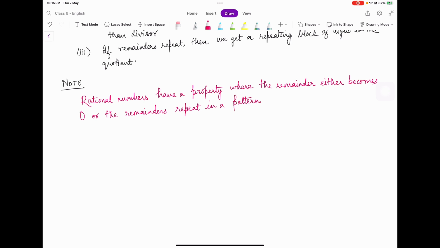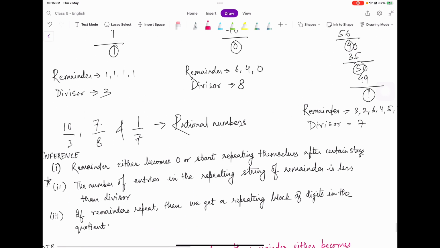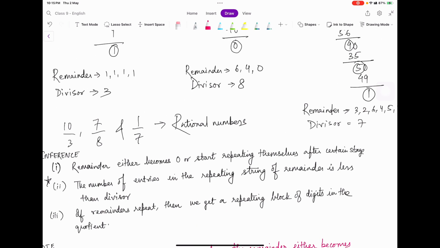Okay, so you can see that there are two properties that we have inferred, that either the remainder will become zero or it will repeat in a pattern.